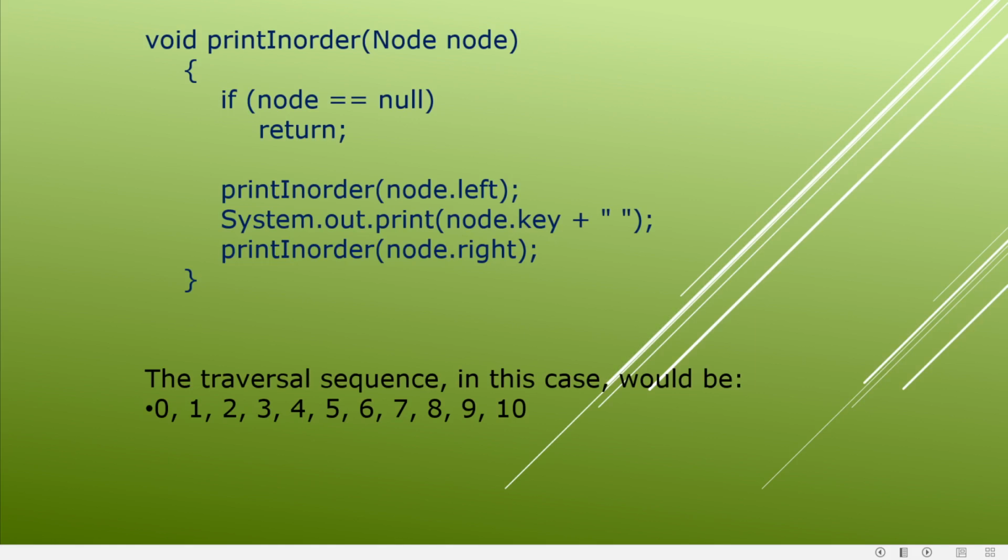The traversal sequence in this case would be 0, 1, 2, 3, 4, 5, 6, 7, 8, 9, 10. Note that the binary search tree makes use of the Inorder traversal method to print all the nodes in ascending order of value.